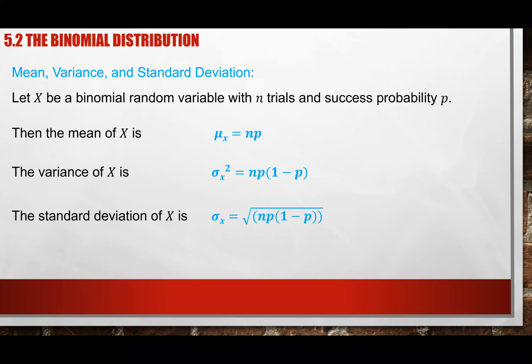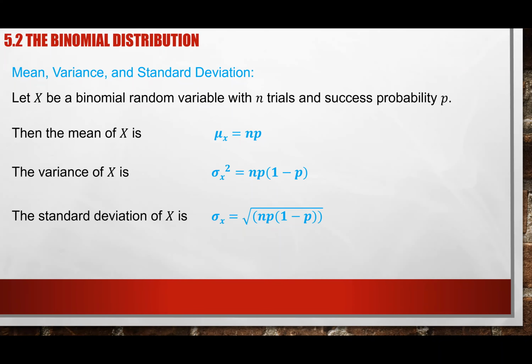Again, 5.1 is easy. In 5.1, you do the 1-Var Stats with L1, L2, and it finds you the mean and the standard deviation. But for the binomial distribution, we don't have that, so we just use what we have: n times p is your mean, n times p times 1 minus p is your variance, and the square root of your variance is your standard deviation, which is the square root of n times p times 1 minus p.